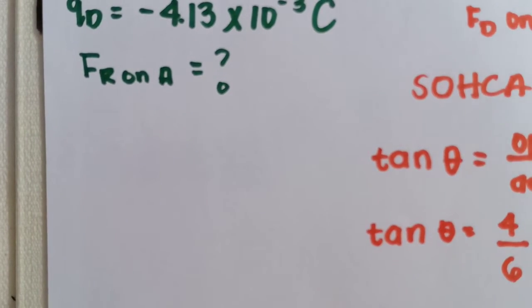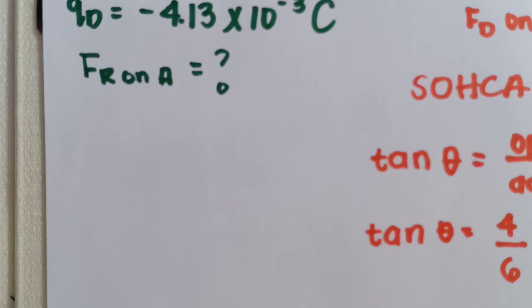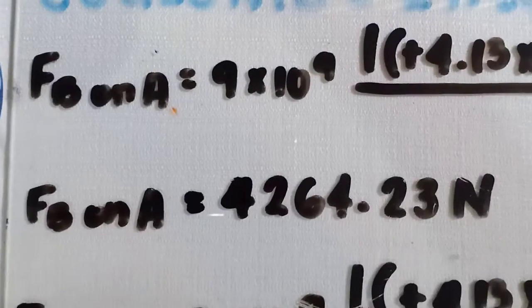So before I look for the force of D on A, let's write it down on paper first. The values of FB on A and FC on A. Okay, I will erase the glass.